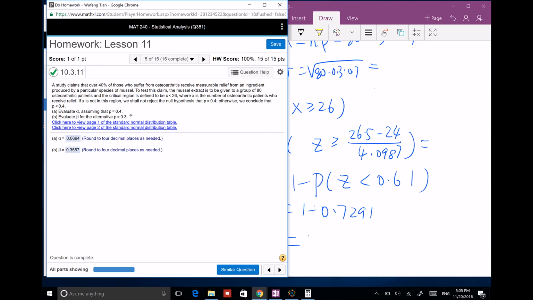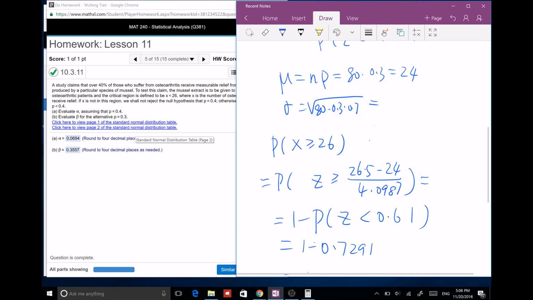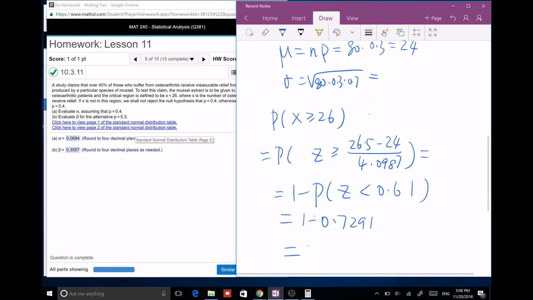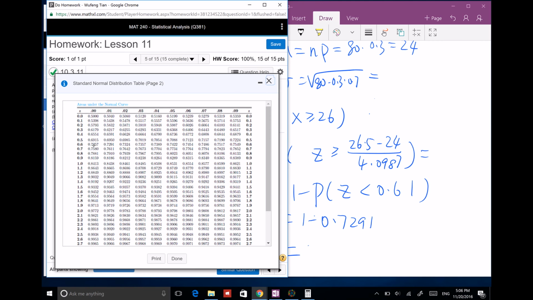For the second one, beta is, you do not reject it. You do not reject it, so p is 0.3. I remember that's how I did it. np equals 24. Let me say 26.